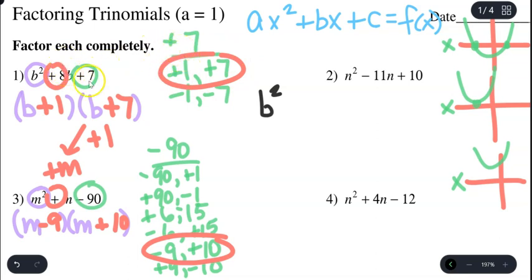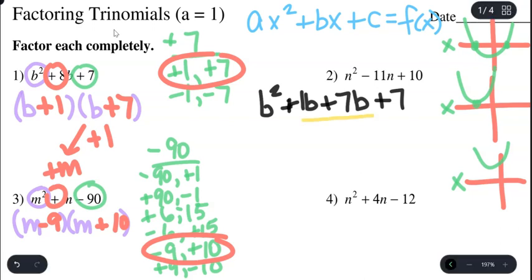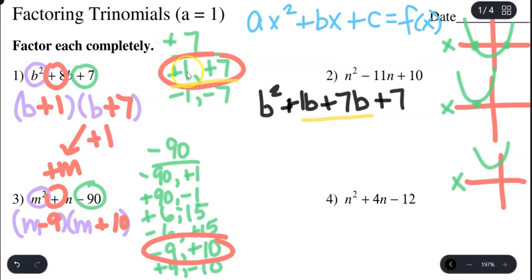When I multiply this out, I'm going to get plus 1b plus 7b plus 7. All I've done is take the middle two terms and write them in terms of the factors I found. I've split the 8b up into 1b and 7b.